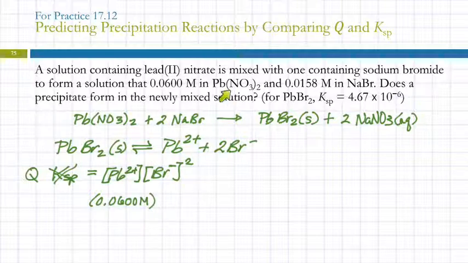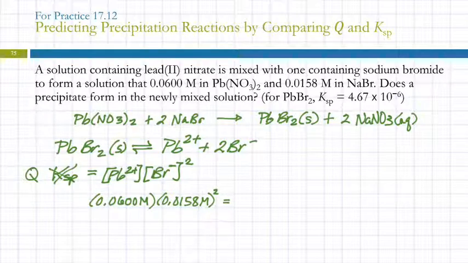And the bromide concentration, we do need to be a little careful because if this was like iron bromide or something where you had more than one bromide, then you'd have to think about which concentration we want. Here, there's 1 mole of bromide for every mole of the compound, and so the bromide concentration is the same as the concentration of the compound. So we're going to put that in there, 0.0158 molar, and that's squared.